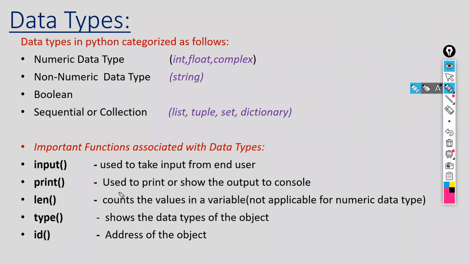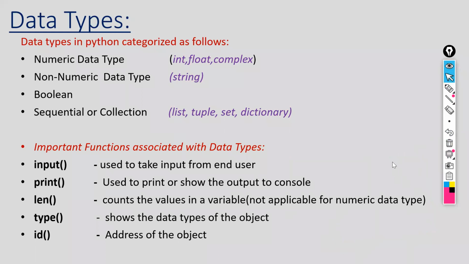We need to know the nature of the data. And id gives the memory address of the object. We don't use id much, but just know about it. These are very important functions we frequently use in Python coding.